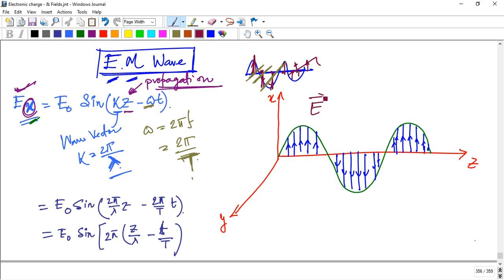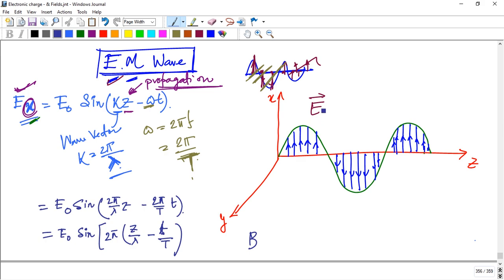Now what is the magnetic field? It is similar to the electric field, and we call it B. The electric field and magnetic field are mutually perpendicular. In the previous class, when we derived Maxwell's equations and modified Ampere's law, we saw that the electric and magnetic fields are mutually perpendicular.